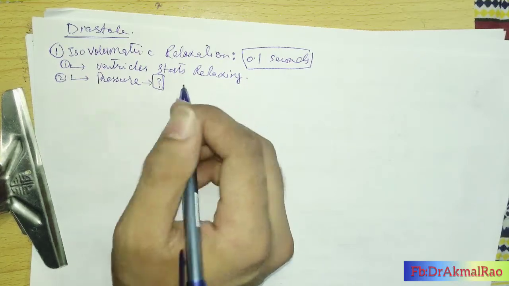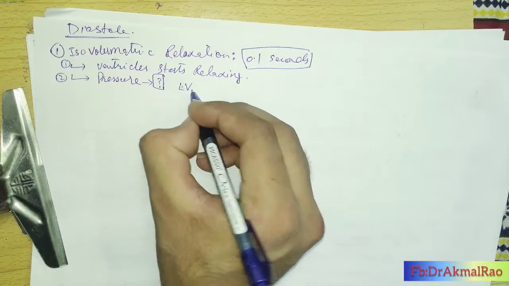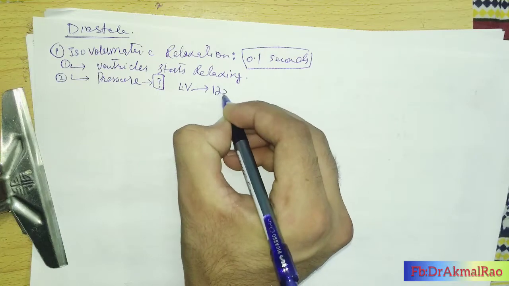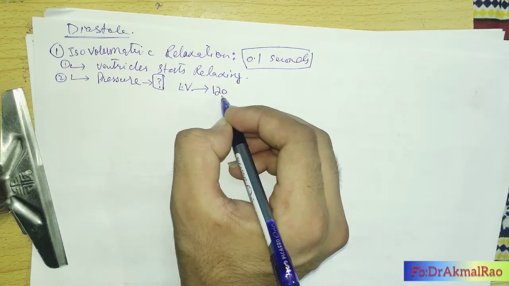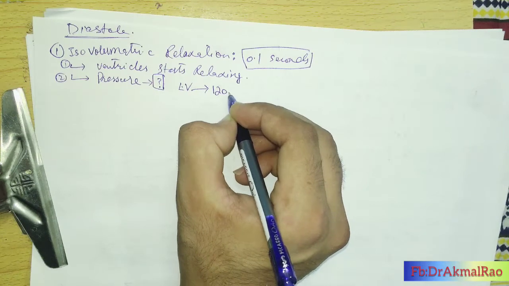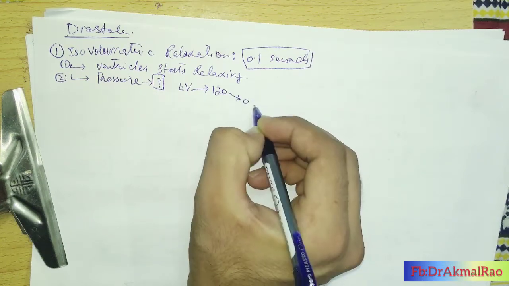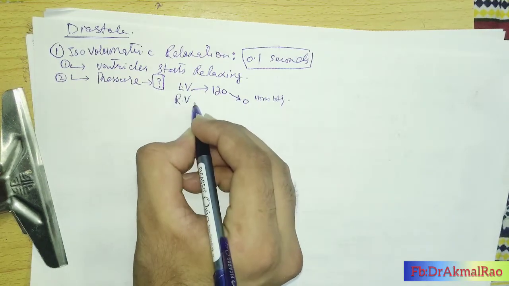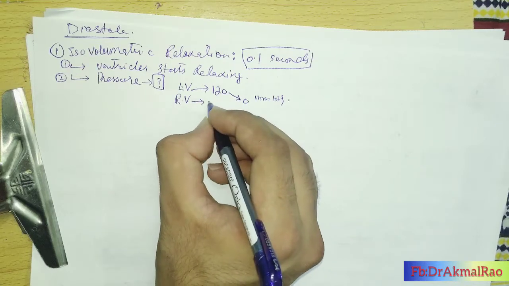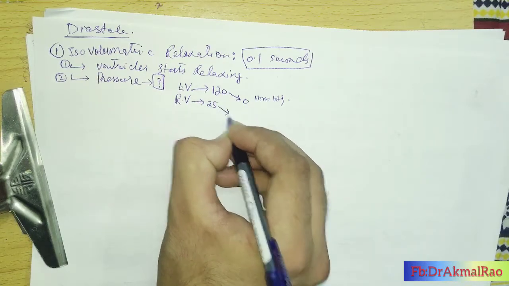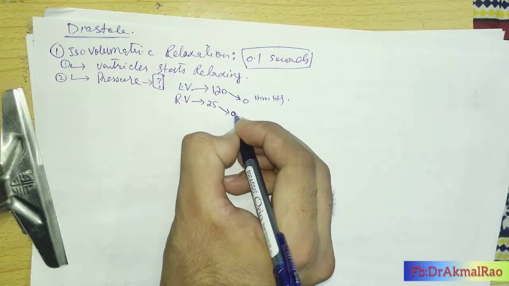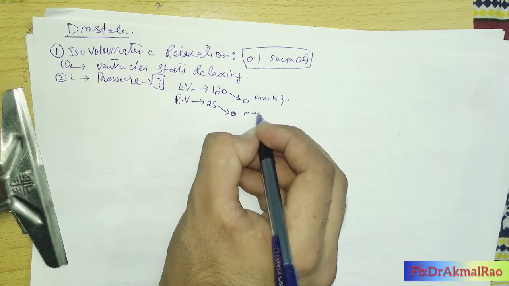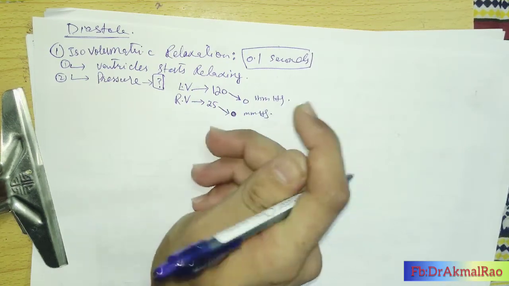The pressure in the left ventricle will go down from 120, which it was in systole, to 0 mmHg. And in the right ventricle the pressure was 25. Now it will go down to 0 because the left and right ventricles are going to relax. They will relax just to fill the blood.